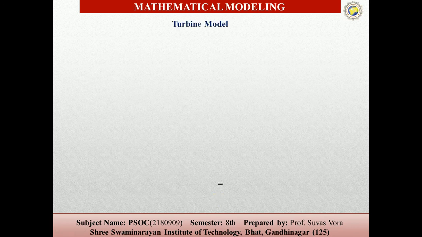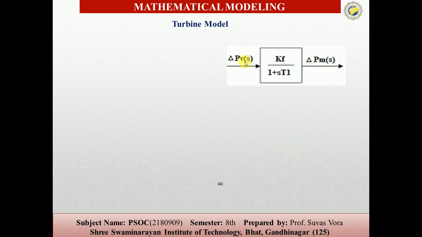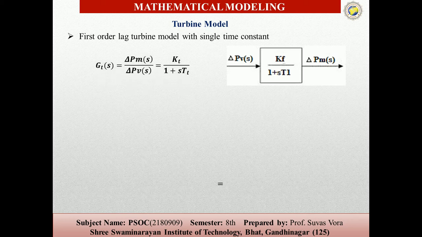Now the turbine model. In the turbine model you can see delta PV, Kt upon 1 plus sT1, delta PM. So the first order lag turbine model is shown in the figure with a single turbine time constant. The equation represents GT(s), the transfer function of the turbine.